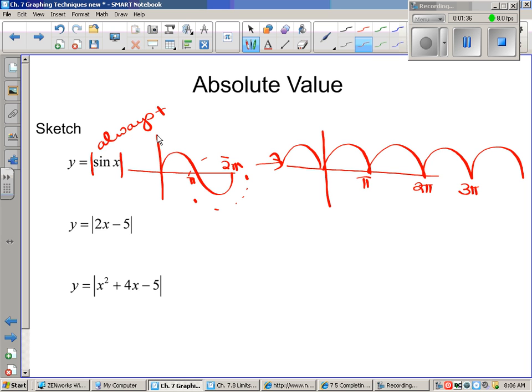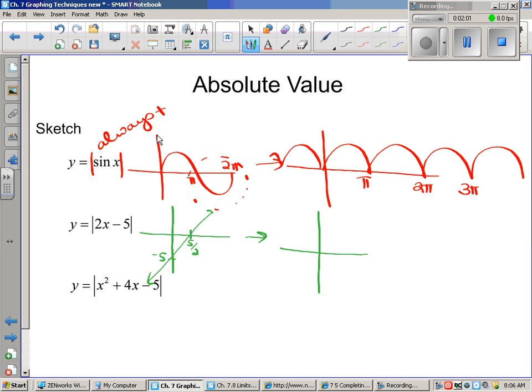What does that mean for a line such as 2x minus 5? It helps to know what that original graph actually is. So let's just do that relatively quickly. The y-intercept being -5, the x-intercept would be at 5/2 or 2.5. So this is what it would look like. That would mean that any of your y values that are negative would become positive.